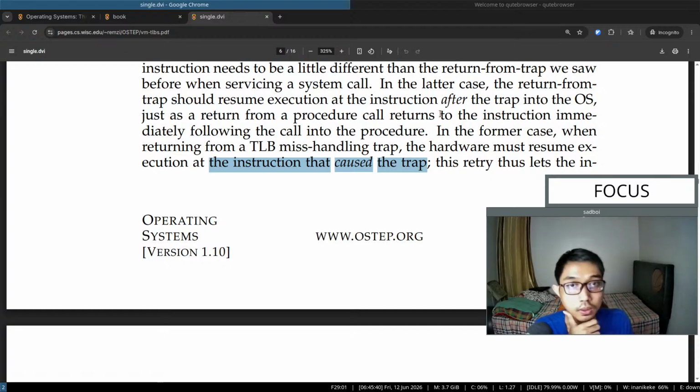So instead of executing the next instruction, we re-execute the instruction that caused the TLB miss.